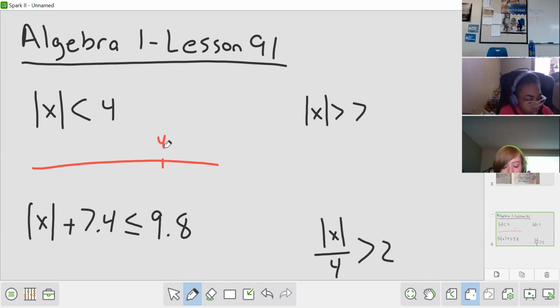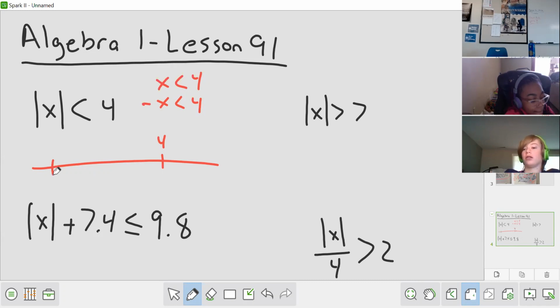The absolute value of x is less than 4. So basically what you have to do is say two different ways. I have to say x itself can be less than 4, but the opposite of x can also be less than 4. All right? Because the absolute value changes the sign when it's negative, correct?